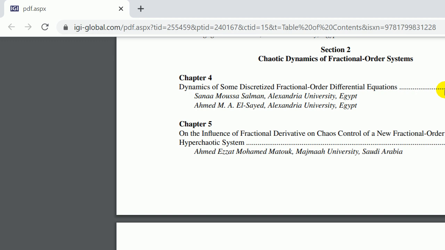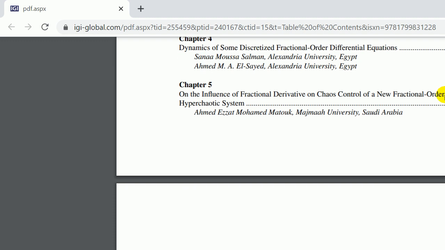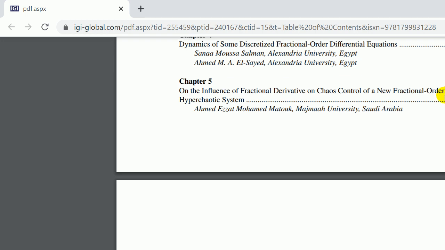Chapter 5 is by me, and I introduced a novel hyperchaotic system, the so-called Matuk hyperchaotic system, and I showed the influence of fractional derivative on hyperchaotic systems.